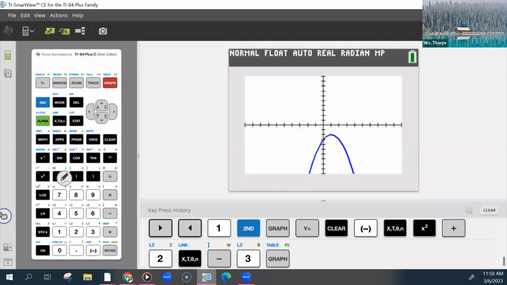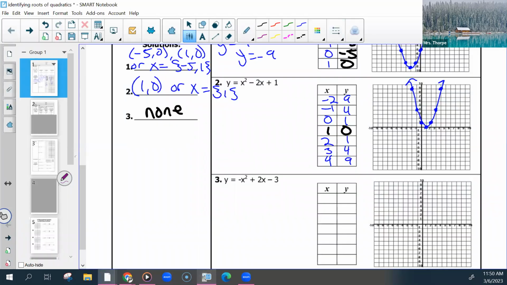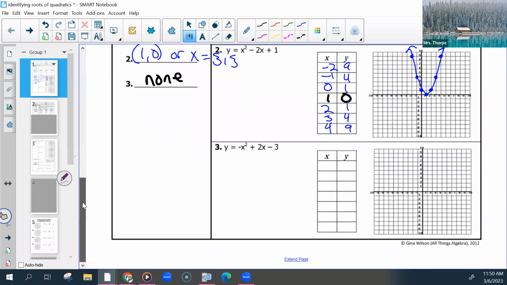So I see that there's a point at (0, -3). And this point right here would be our vertex, (1, -2). I can fill in the rest of my x values. And then if you can see the points clearly on the graph, then you can fill in the rest.